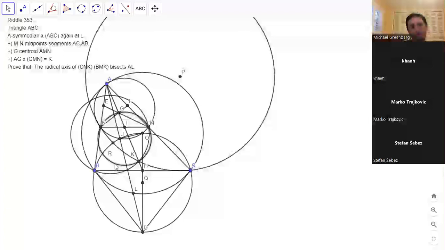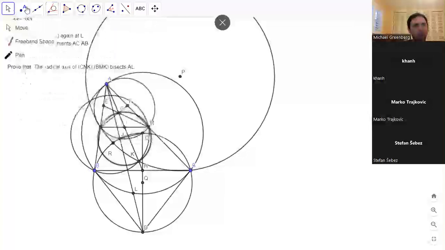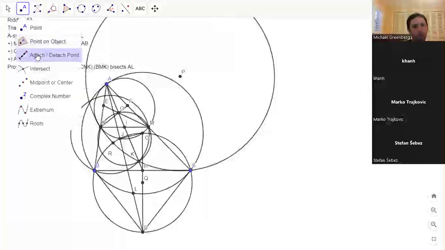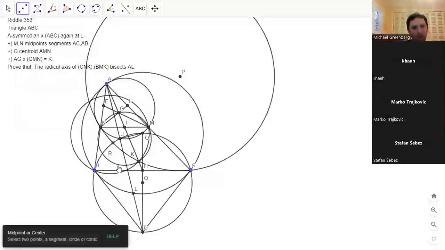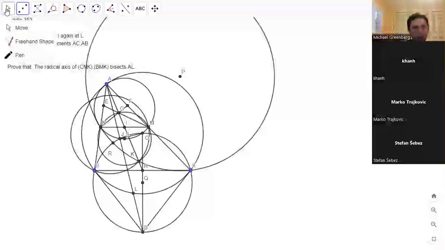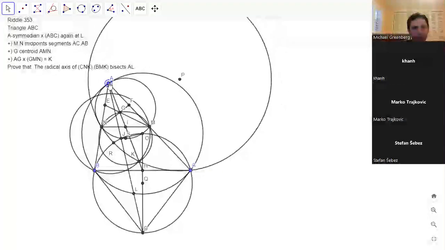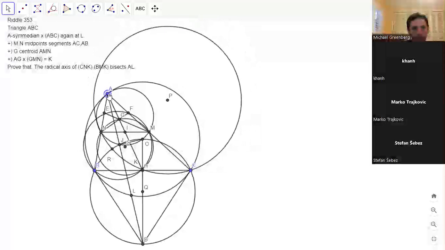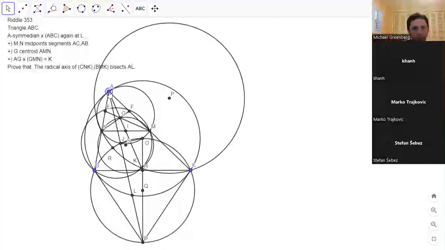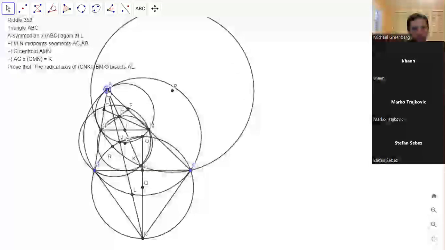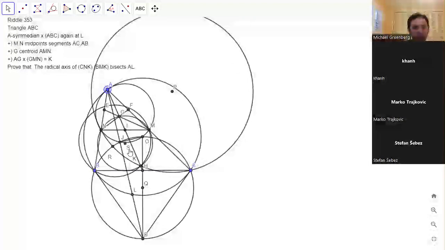So what's the center of this circle? It's S. Now I wonder, a homothety about A takes... so these circles are tangent by homothety at A.